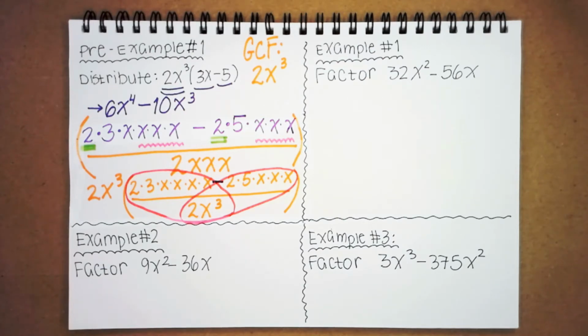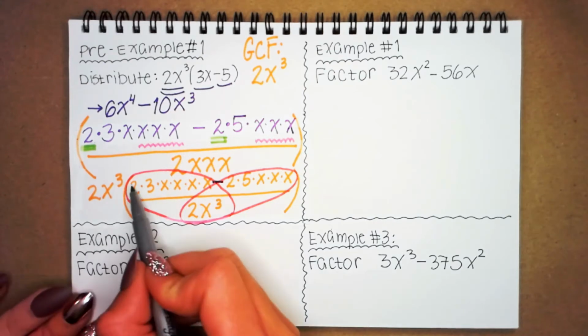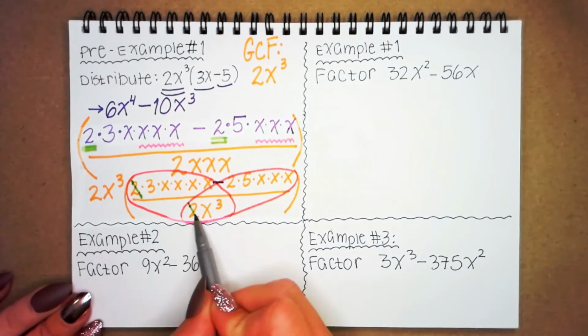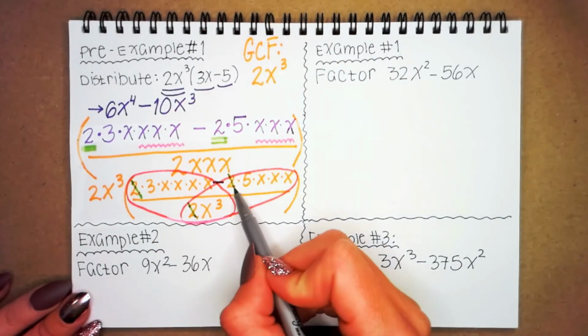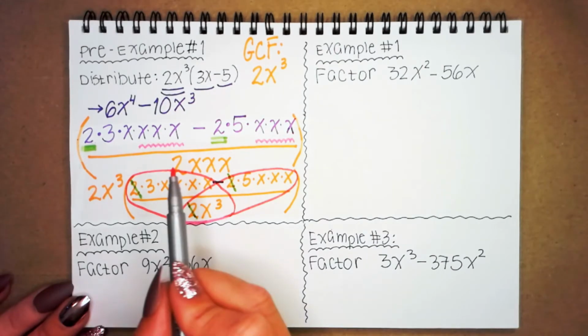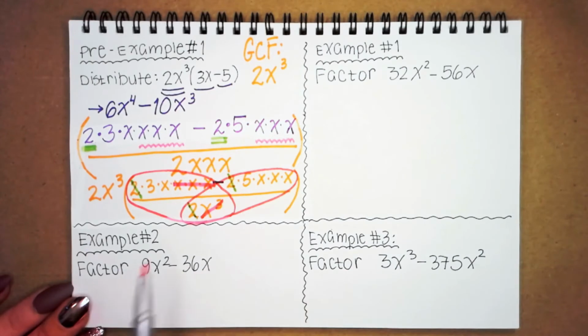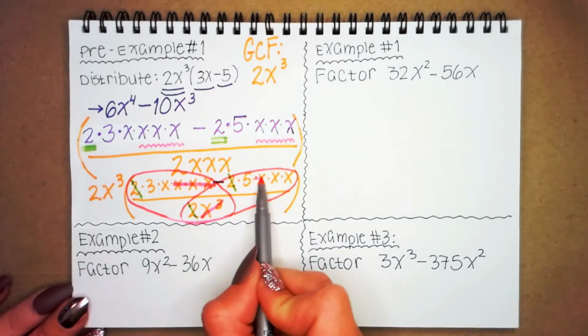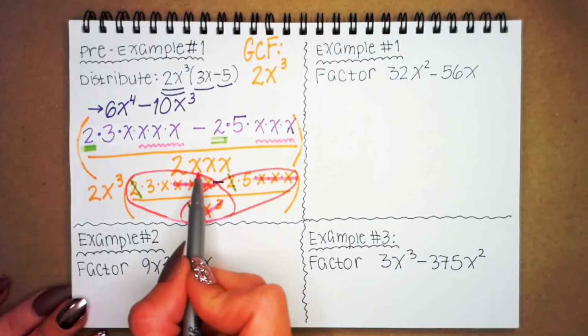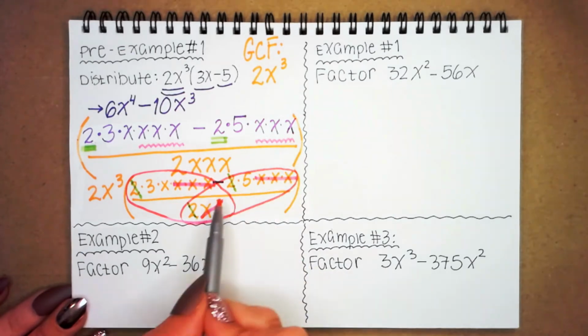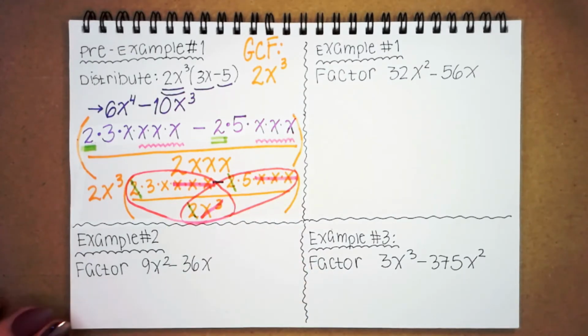Now I'm going to reduce with my pretzel. If I cross a 2 out with that 2, I have to be able to cross out a 2 there as well. If I cross out 3 x's from top and bottom, they have to cross out there as well. This simplifies down to a 1, so it's reduced and gone.